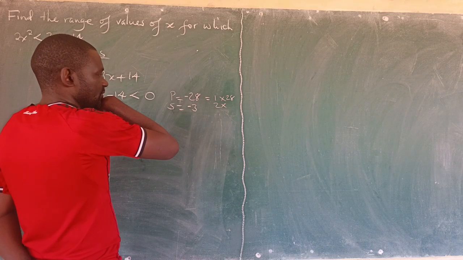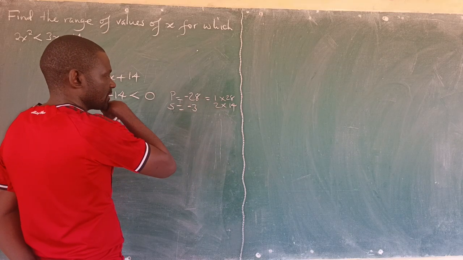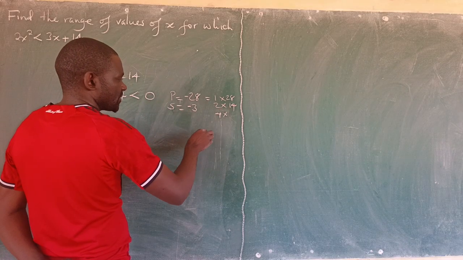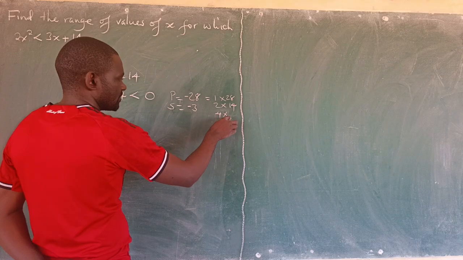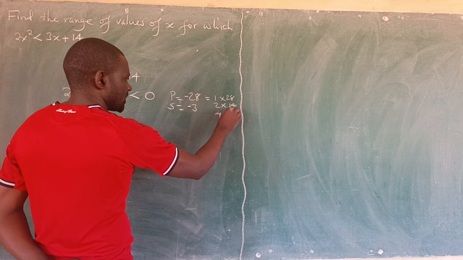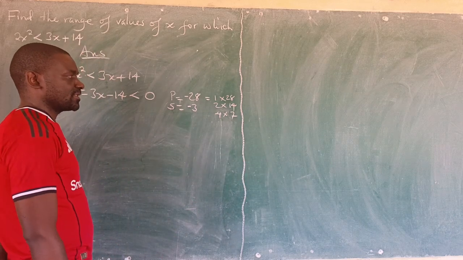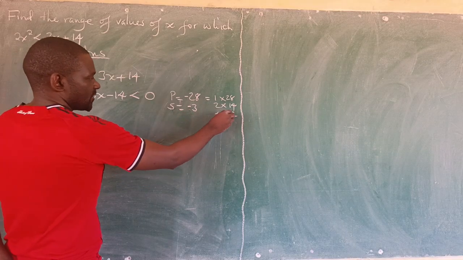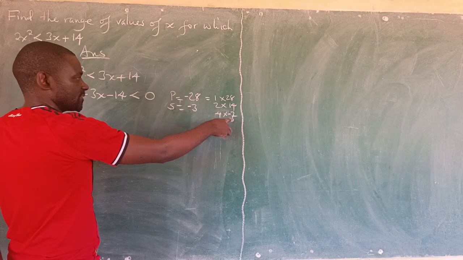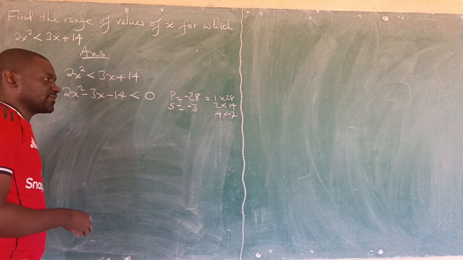Now we also have 2 times 14. Then 3 doesn't go there. 4 goes in. 4 times 7, and I think these are the factors that we need. So for us to get negative 3, it means the 7 there must be negative. 4 times negative 7 is negative 28. 4 minus 7 is negative 3, alright.